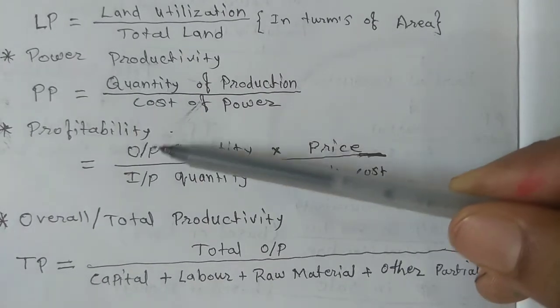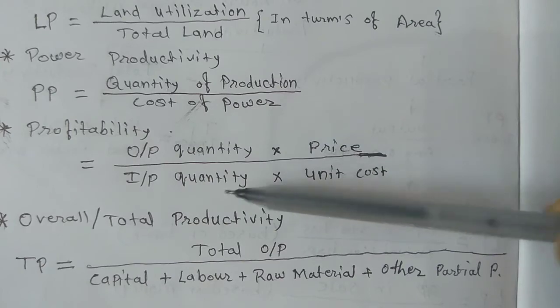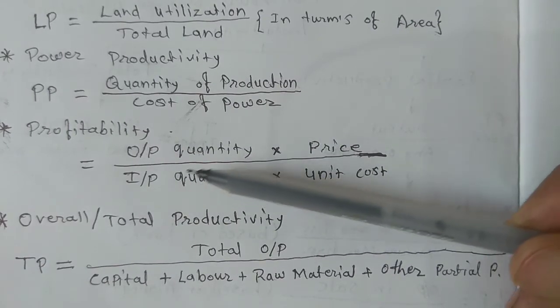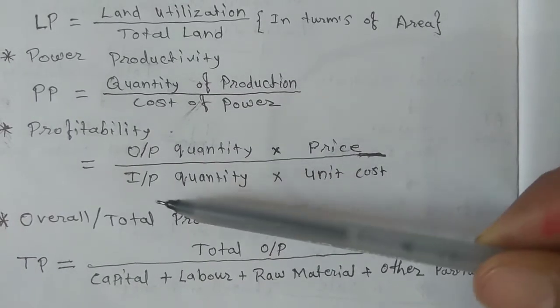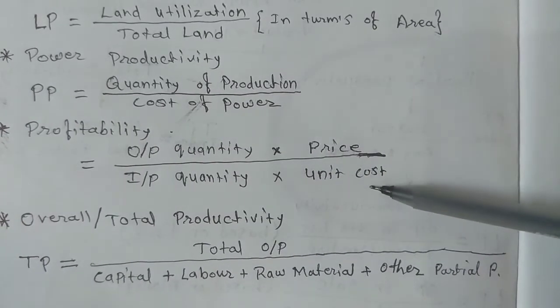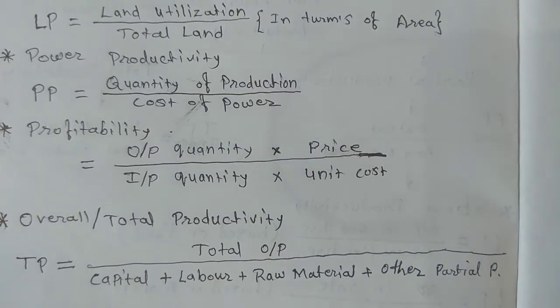Then the next term is profitability. What is the company profitability? It is the ratio of output quantity multiplied by price divided by input quantity multiplied by unit cost. So here you can calculate the profitability.